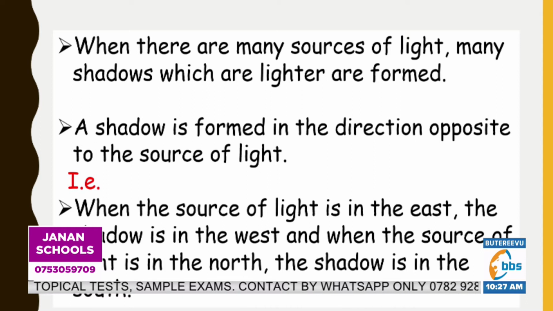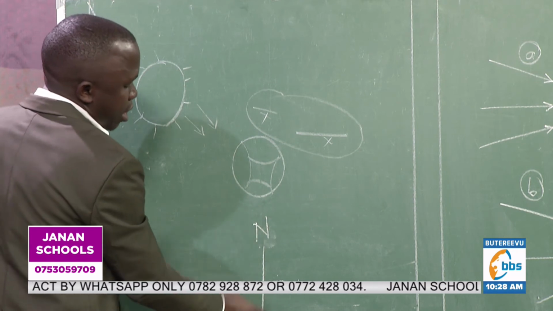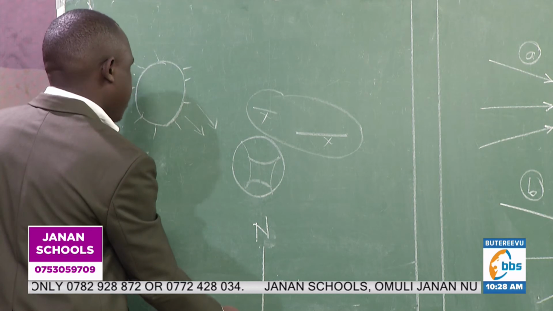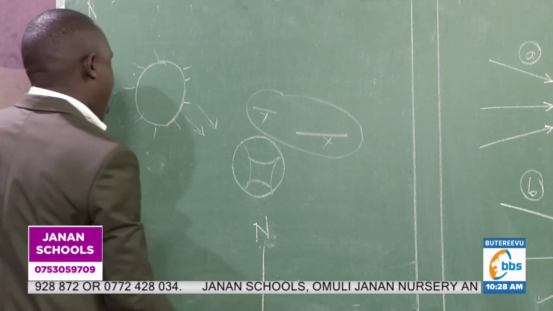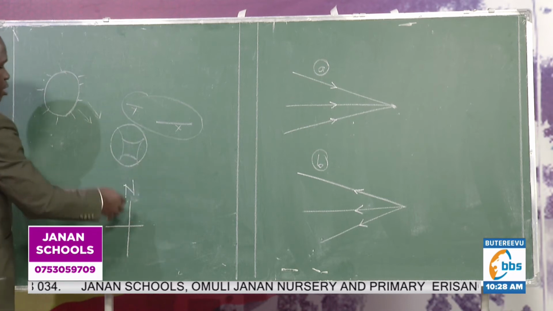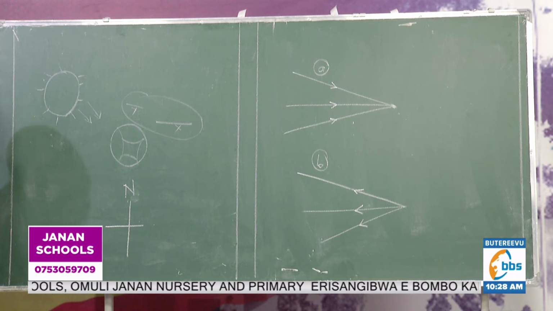Take note of that. We are saying if the source of light is in the north, then our shadow will be in the south. And if the source of light is in the east, then the shadow will be in the west.